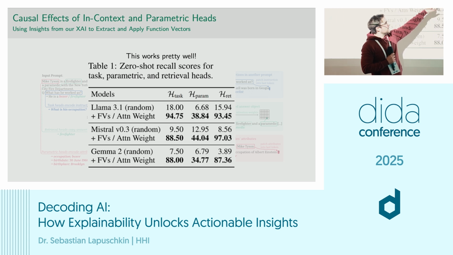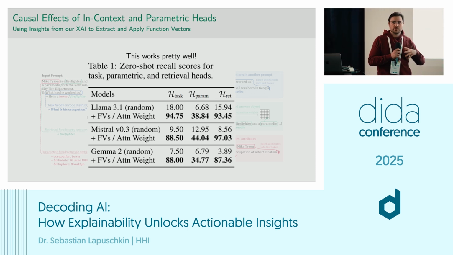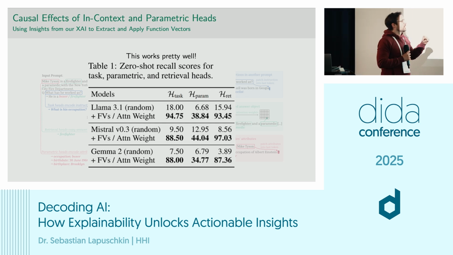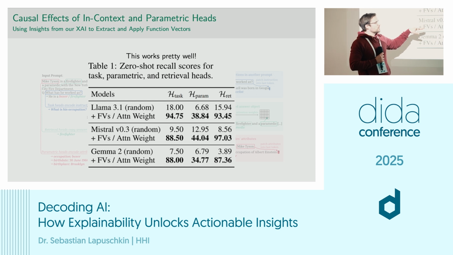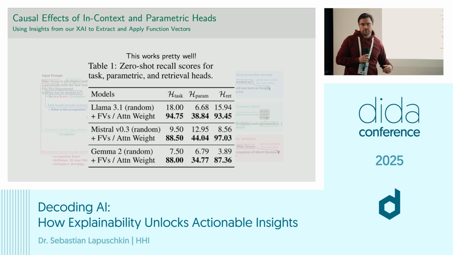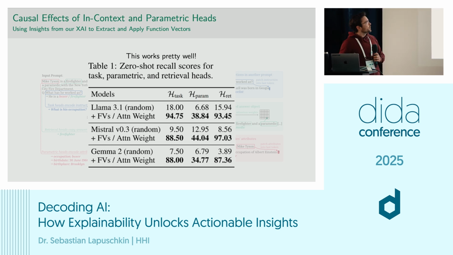For the parametric setting, where we want the model to give an answer based on an entity from its internal learned space, by not using the context, it also outperformed the random case considerably, but performance still fell behind the in-context heads. So what does this mean? What this means is that retrieval heads are really precise copy engines, right?